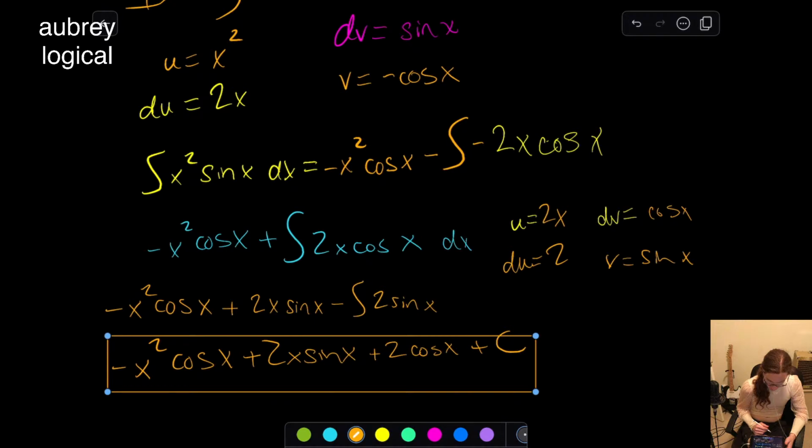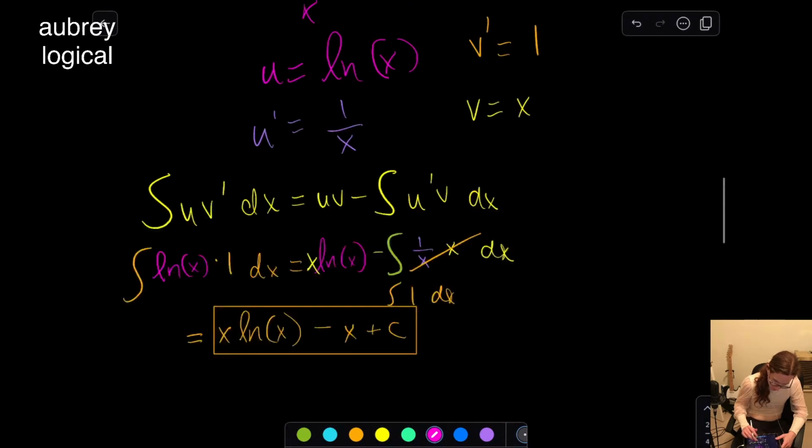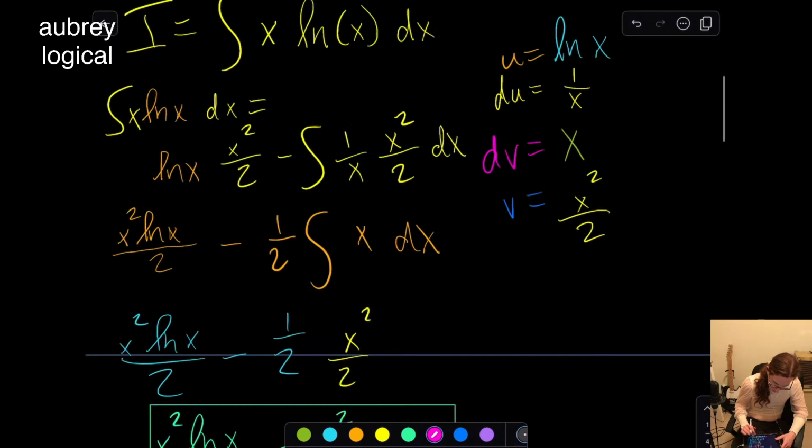Hooray! I got it. That was hard. So I forgot to mention that this value usually is a forecast for the number of sets of integration by parts you are going to have to do.